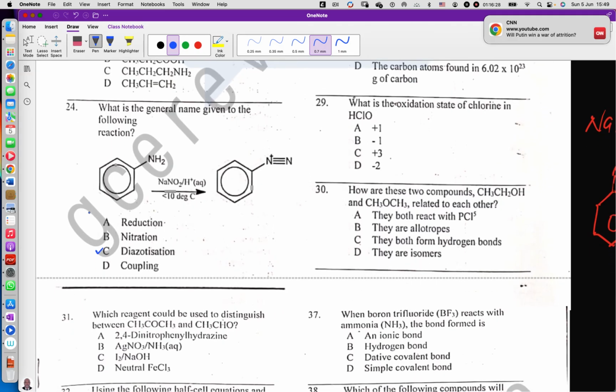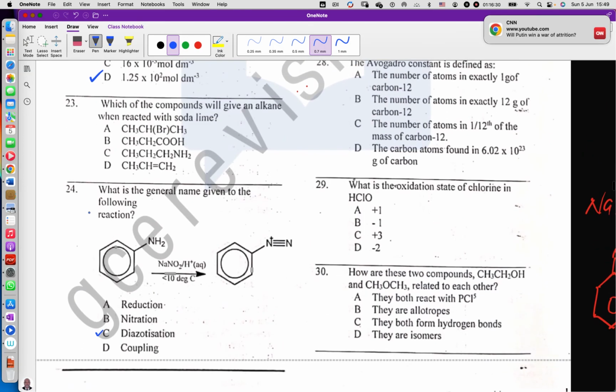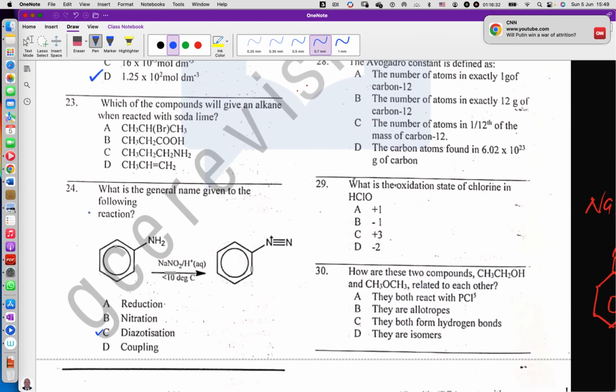Okay, question number 23. Which of the compounds will give an alkane when reacted with soda lime? The role of soda lime in any reaction is to absorb the carbon dioxide and water that is produced by the carboxylic acid group.